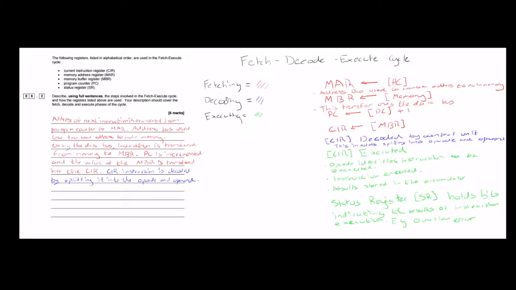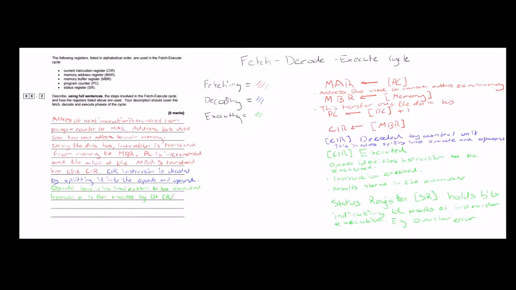These 3 points here, you wouldn't necessarily have to put in all of those. For my first point on the executing, I'm going to say the opcode identifies the instruction to be executed, and then the instruction is executed by the CPU.